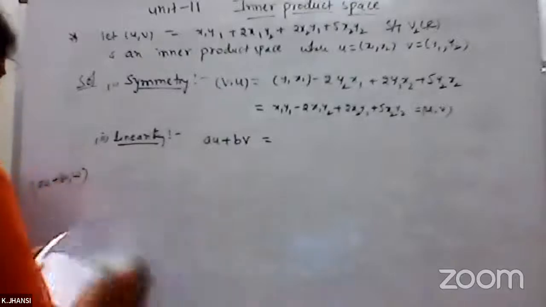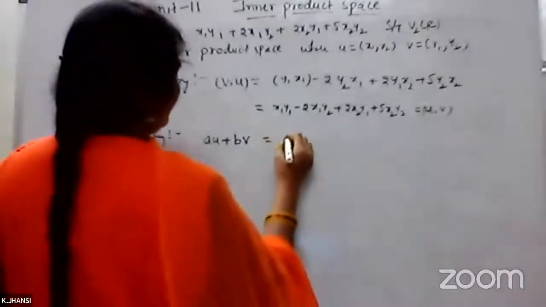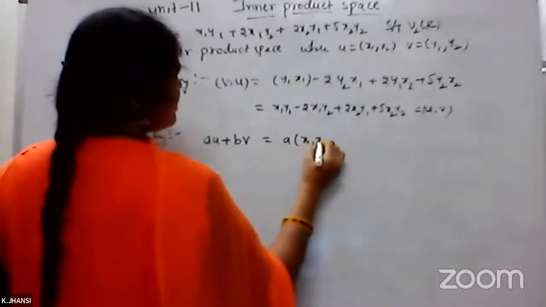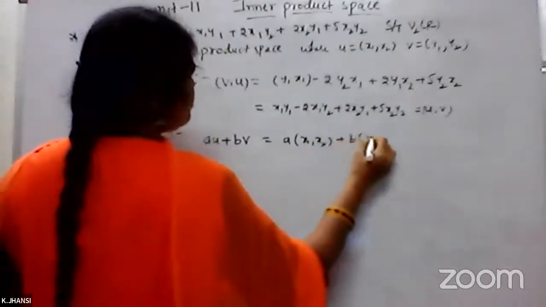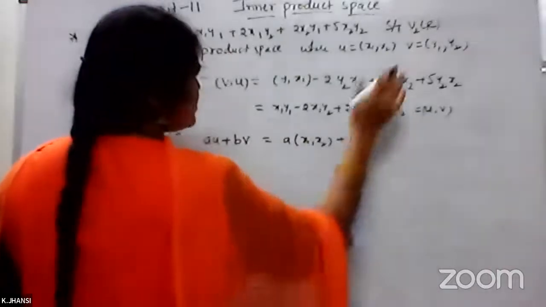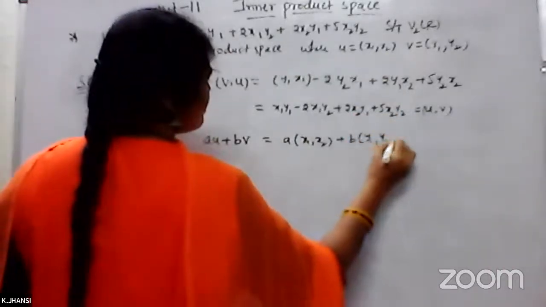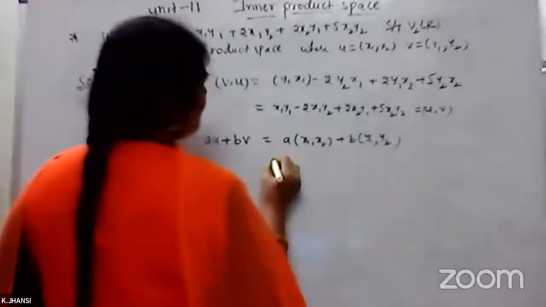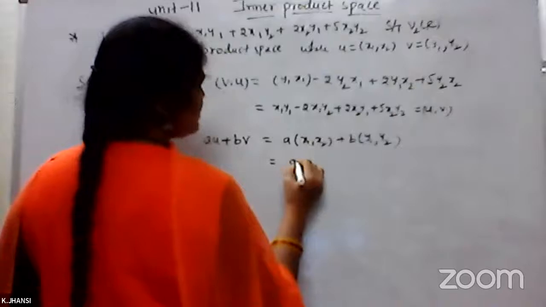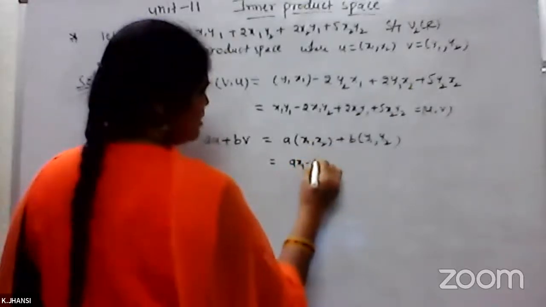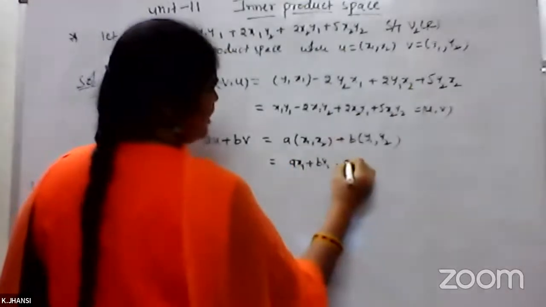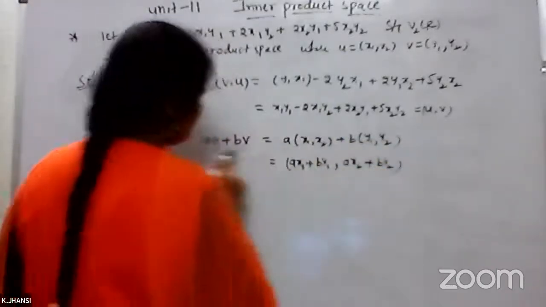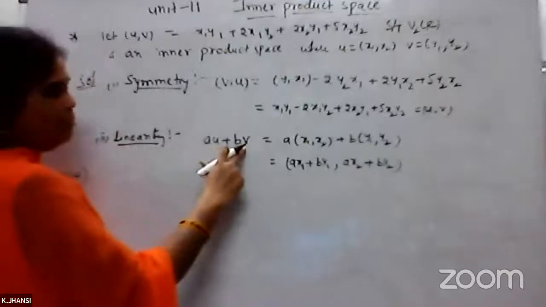So au plus bv is equal to a into u, which is x1 comma x2, and b into v, which is y1 comma y2. So when you multiply this, you'll get a x1 plus b y1 comma a x2 plus b y2. So this is our au plus bv value.